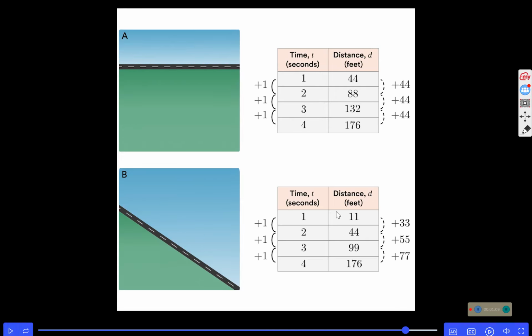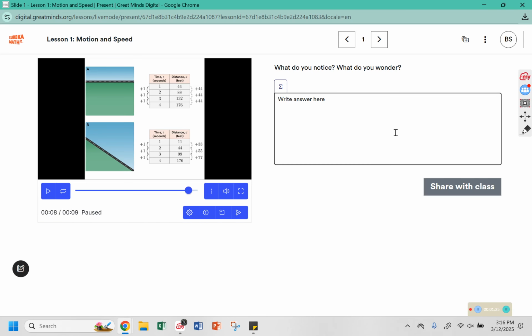So we have two tables, one for each car. You can see car A travels 44 feet in 1 second, but car B follows a different pattern here. We can say that car A travels at a constant rate of speed because each second it travels 44 feet.